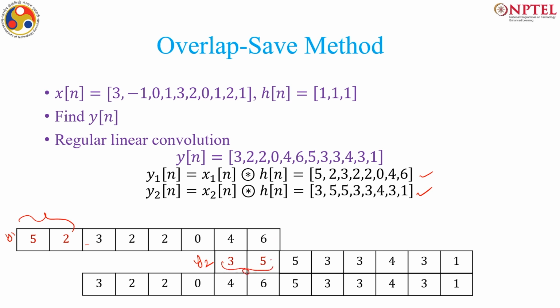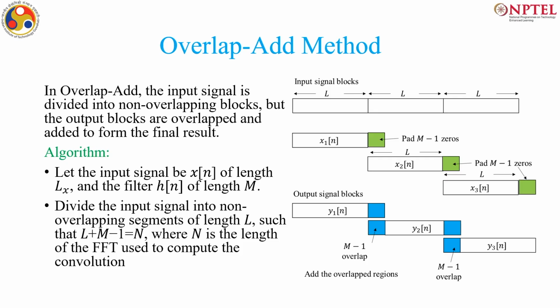I will discard these 2 and save the remaining, and then if I concatenate, I get this signal, and just check this is exactly same as the signal output which I got by direct linear convolution. So, overlap and save works for this specific example, and you check out any problem, this will work.